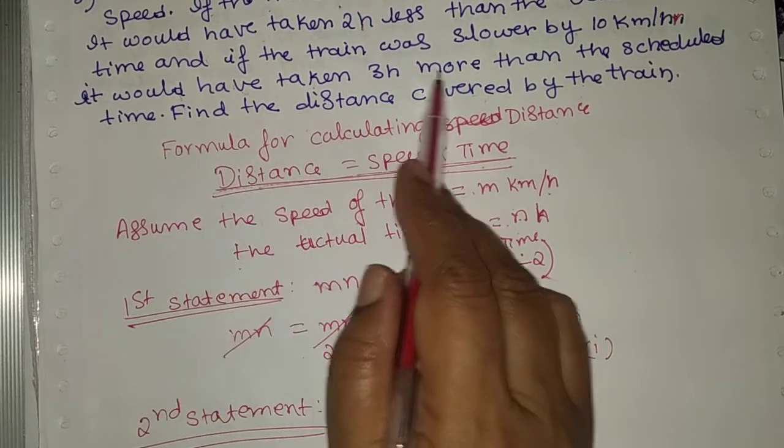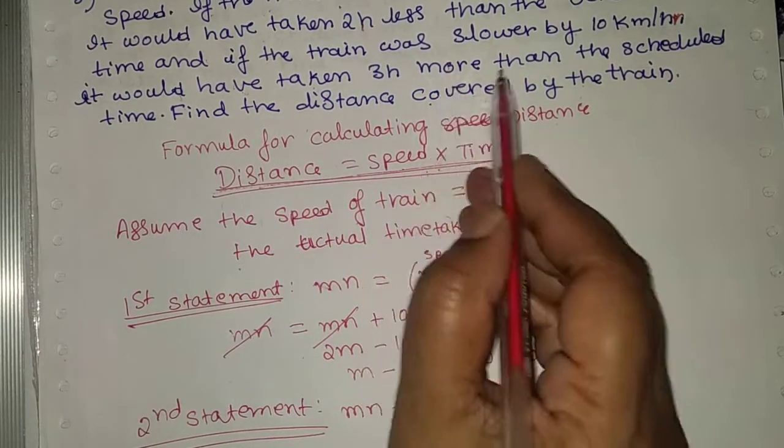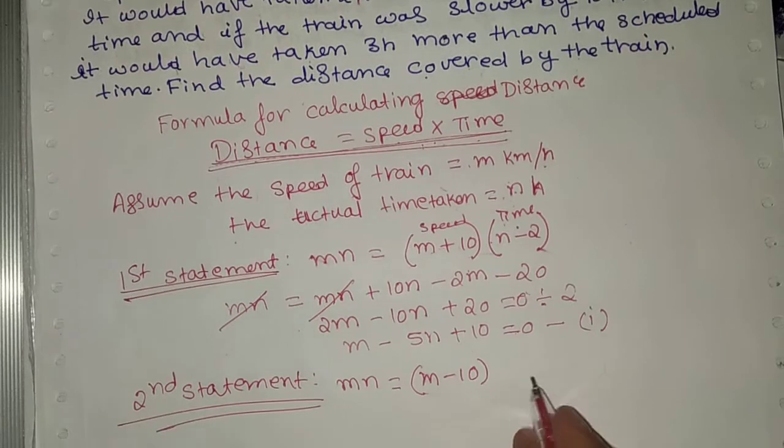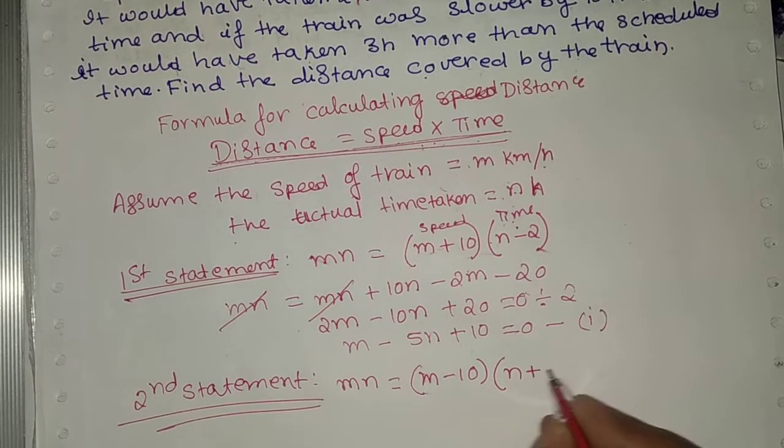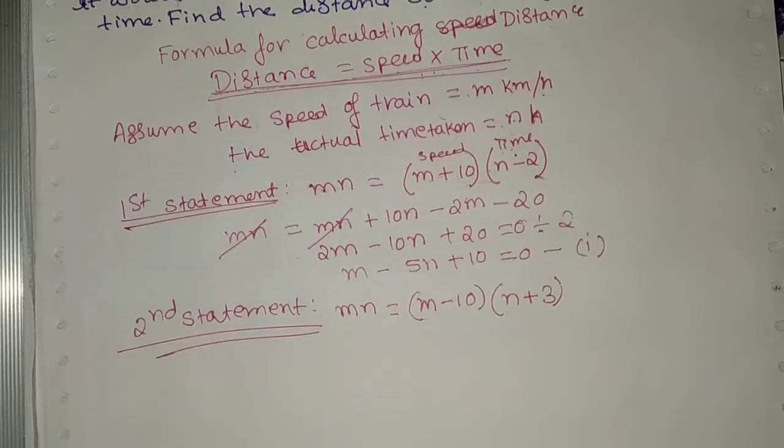Then it would have taken 3 hours more than the scheduled time, so the time is n plus 3. This is the second statement.